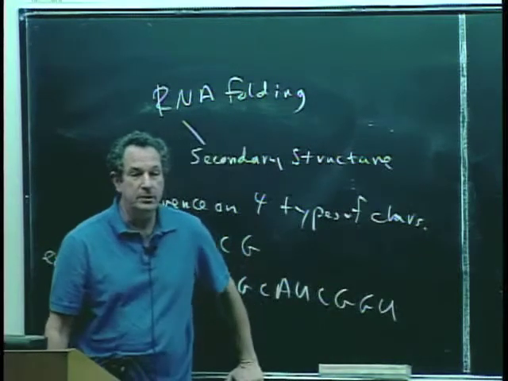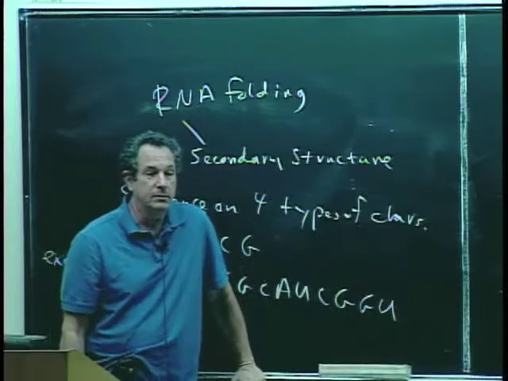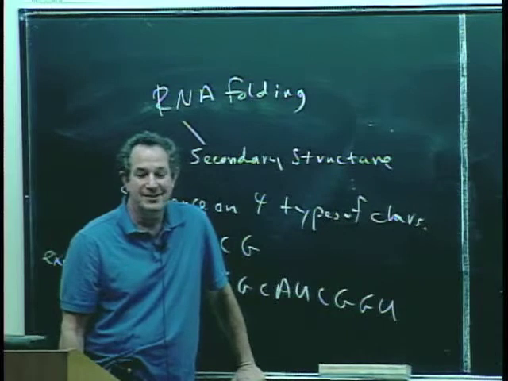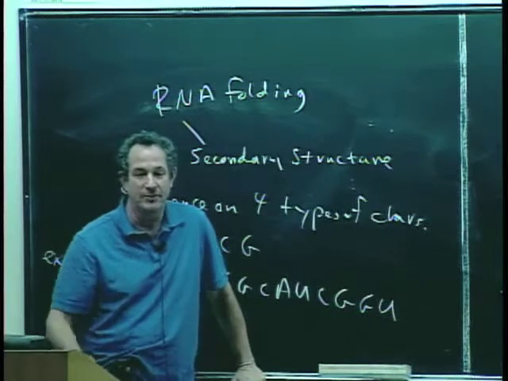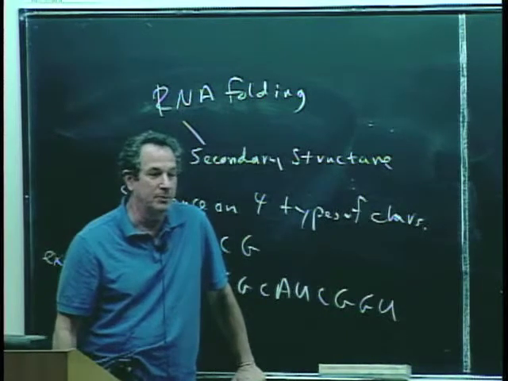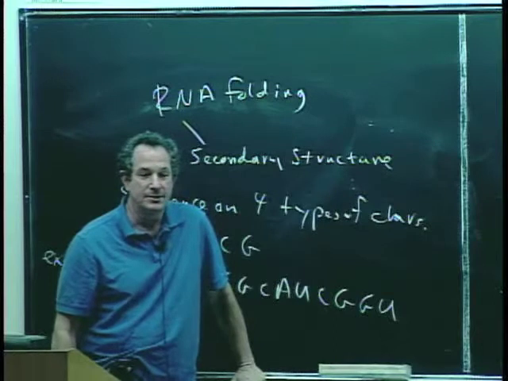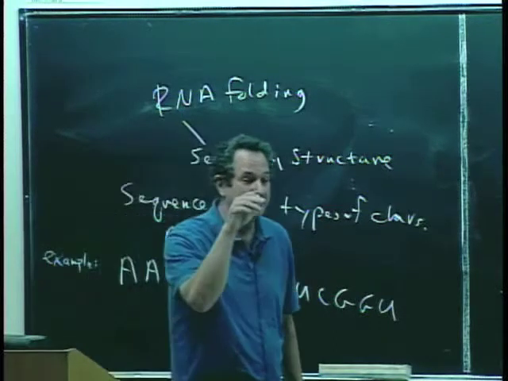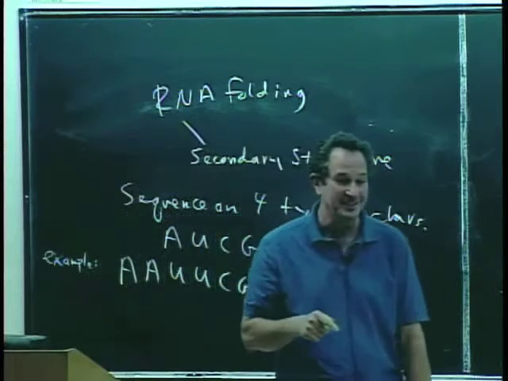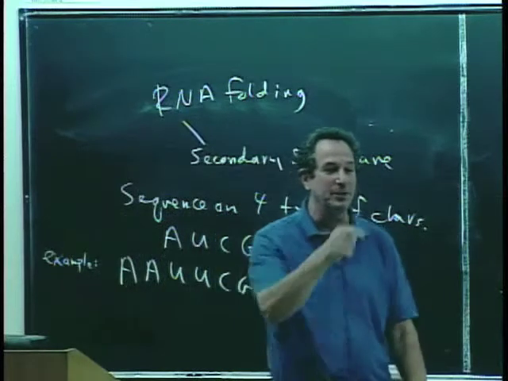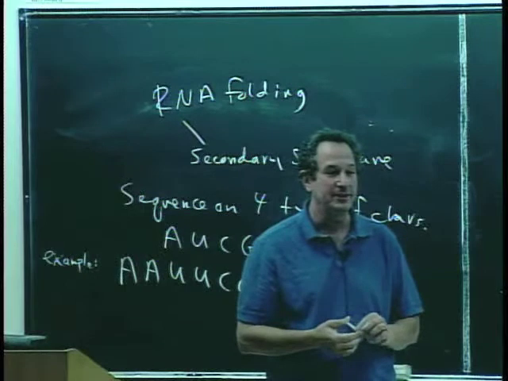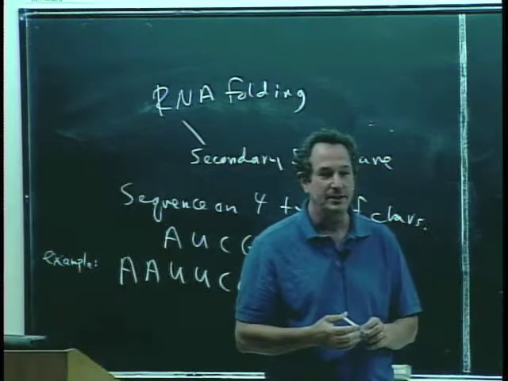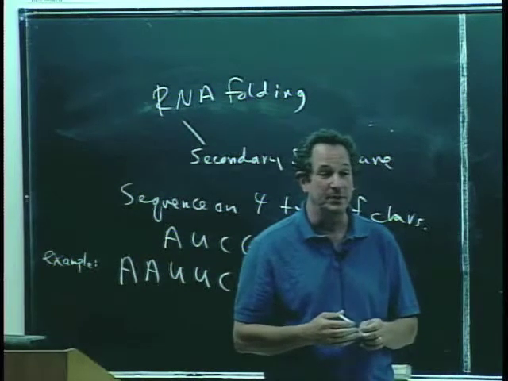What's the smallest RNA sequence of interest? That's a question to see if anybody's taken a molecular biology course recently. I heard a number. What was it? 4? No, not that I know of. Maybe. 21.